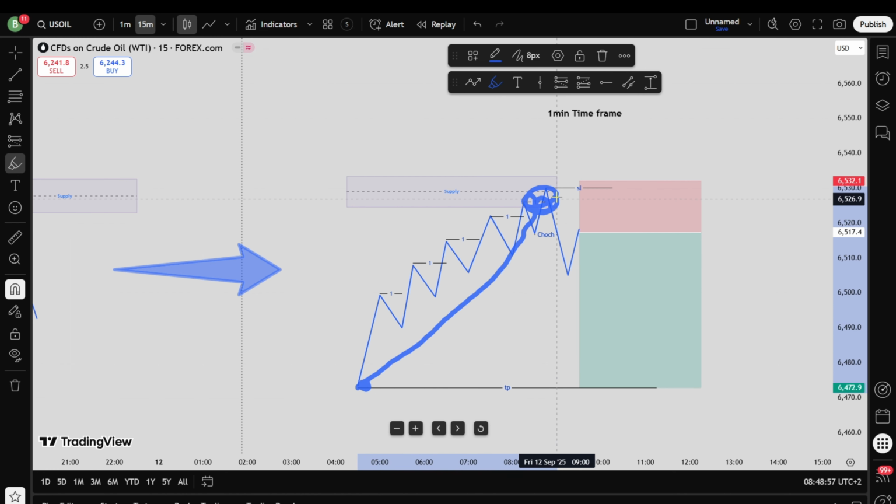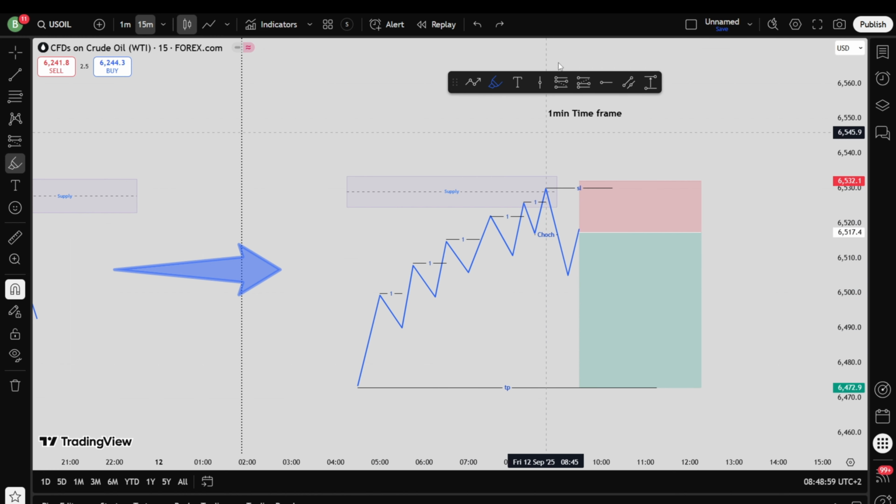So as you can see, when you wait for the market to retrace from this point to my POI, that is my supply zone, what I usually want to see is a change of trend, because on the lower time frame, that's the 1 minute, the market is creating a series of higher highs and higher lows. So what I'm anticipating is for the market to form a reversal pattern that indicates that the market is about to change the trend.